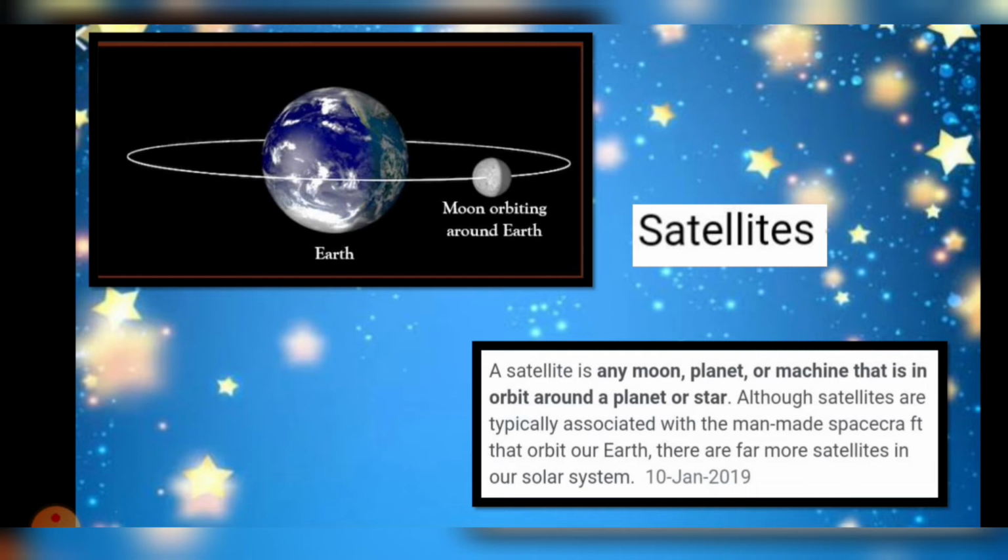Although satellites are typically associated with man-made spacecraft that orbit our Earth, there are far more satellites in our solar system. So one example is shown here of the moon, which is on the orbit of the planet Earth, but there are other satellites which are around other planets. Okay, so this is about satellites.